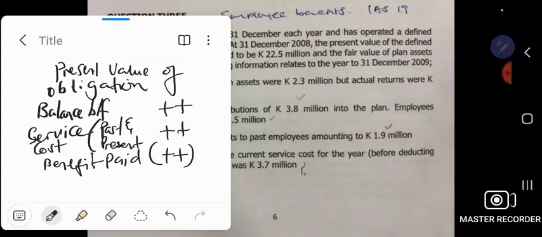And then there's what we call the interest expense. So ideally, this is the present value of the obligation. So it's like a liability of some sort. There's also that interest that's calculated on this, and that becomes an expense. Basically, it's increasing the liability. That's why it's been added. So you just call it the interest expense.